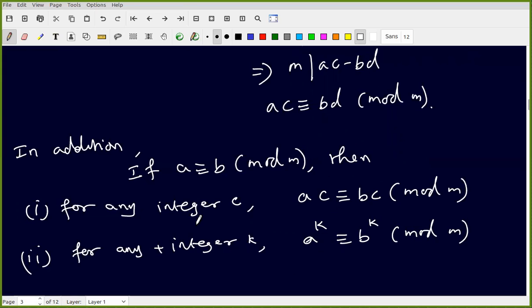If A and B are congruent, then A to the K and B to the K are congruent.